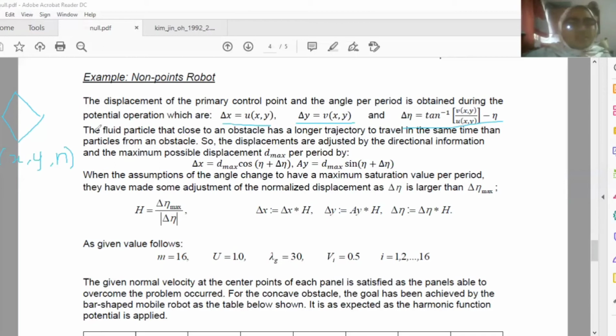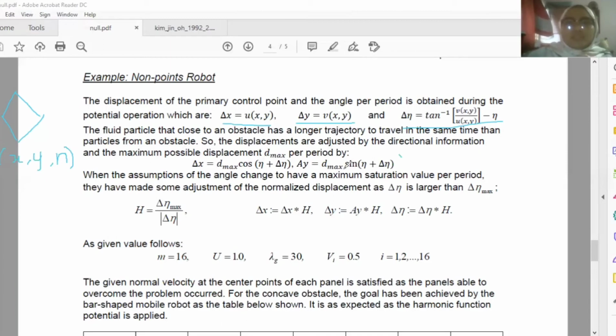We can see that. Okay, so the fluid particle that goes to an obstacle has a longer trajectory to travel in the same time than a particle from an obstacle. So the displacements are adjusted by the directional information and the maximum possible displacement per period.